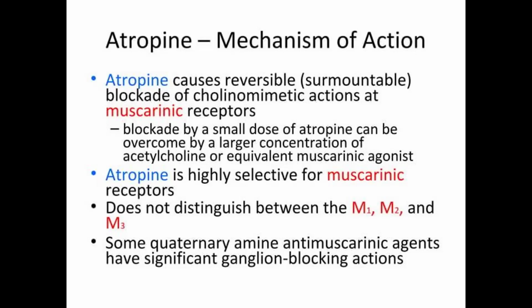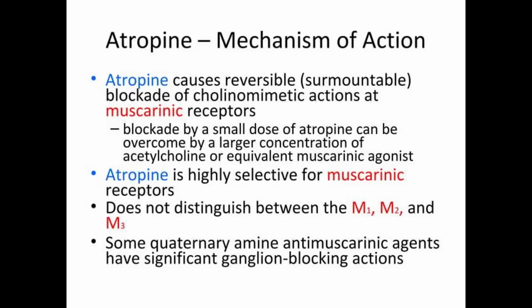So it causes surmountable blockade. Surmountable is a very good pharmacological term. Since it's a competitive receptor blockade, it competes with the natural neurotransmitter. So it's kind of a race, the neurotransmitter racing with this kind of molecule.